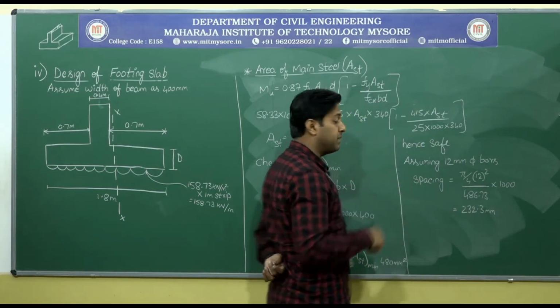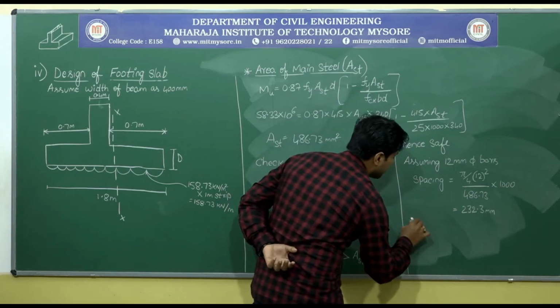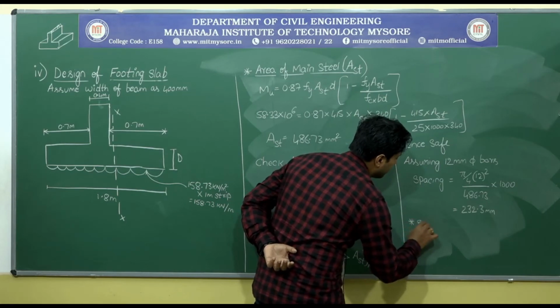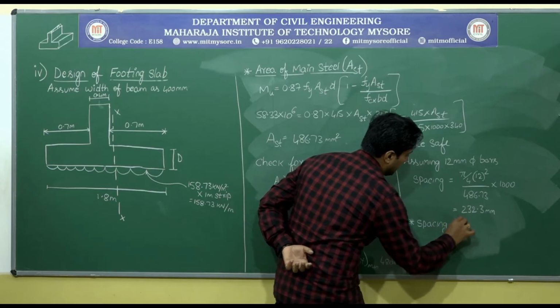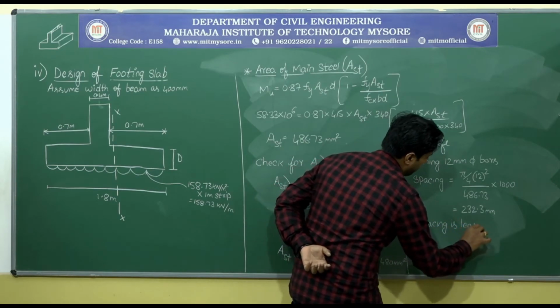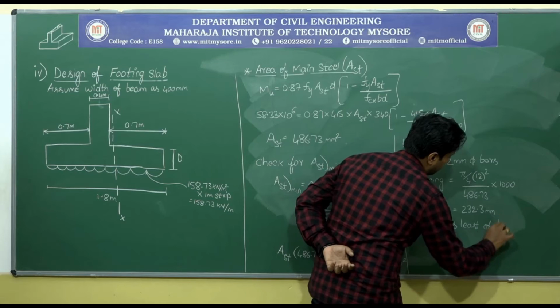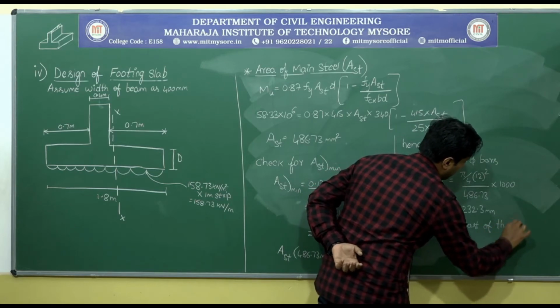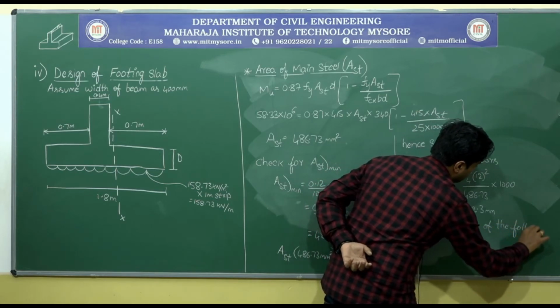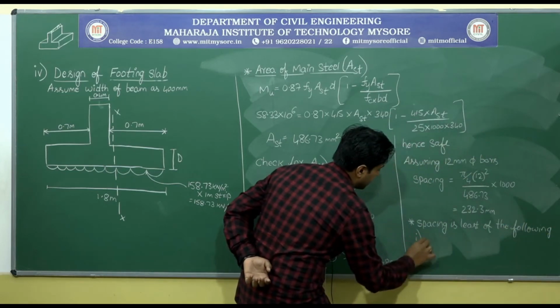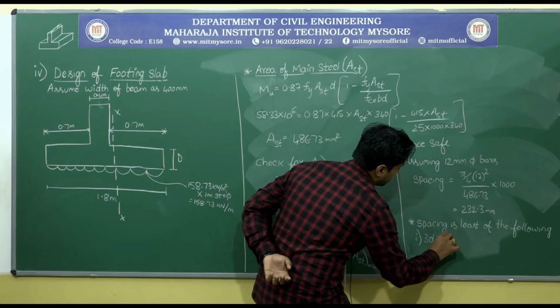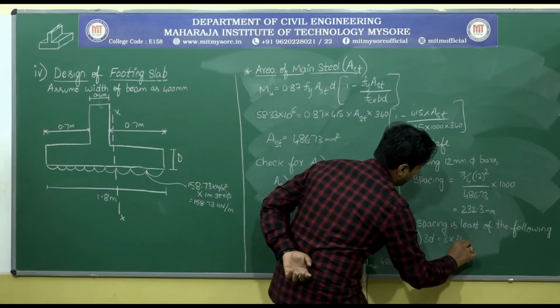Okay. Code suggests something else. So as per the code, spacing is least of the following. I think you people remember this. First one, it is 3 times the effective depth. So it's 3 times 340.